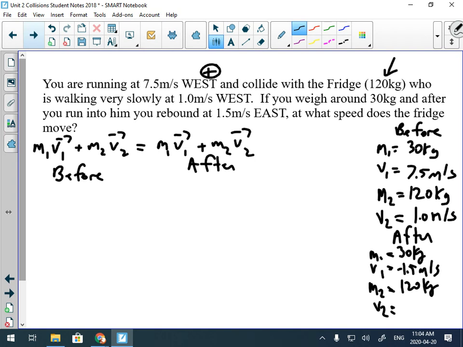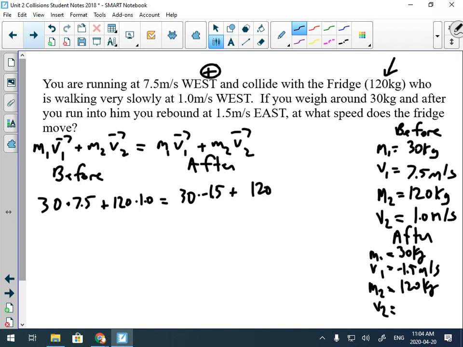So mass before is 30, dot for multiplication. Velocity before, 7.5. Okay, add that to the fridge's mass before, 120, times his speed or velocity, 1. So that's everything before. Mass of you after, still 30. And your speed is negative 1.5 because we've got to push the other way.